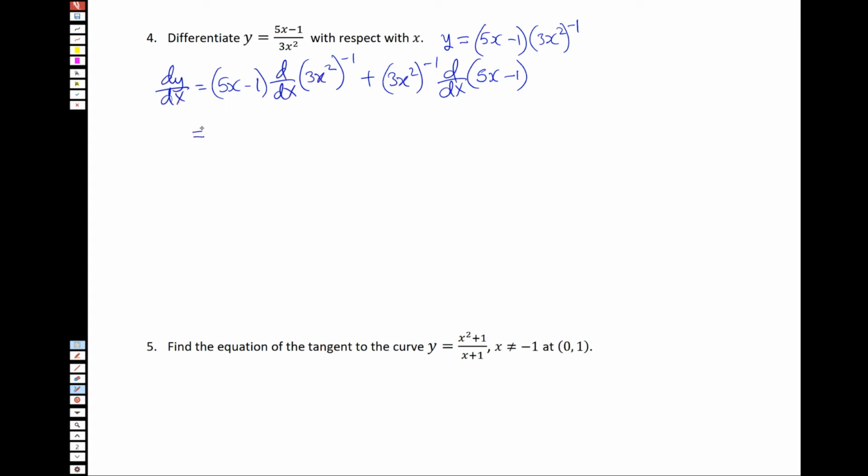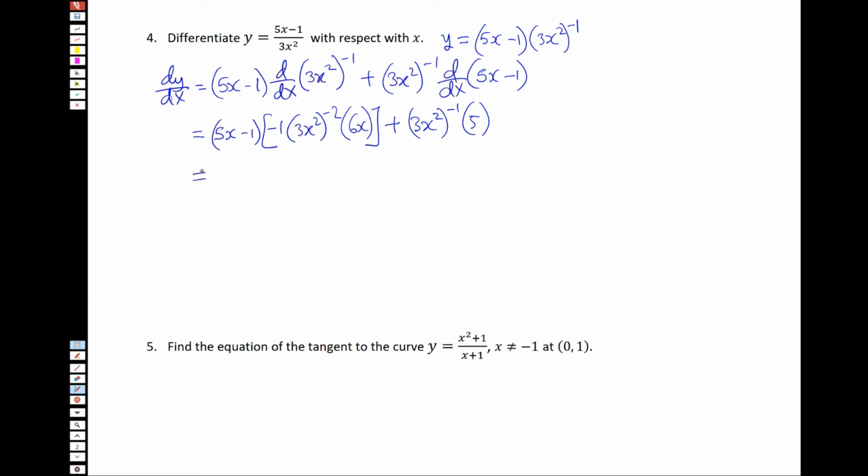And then here we have 5x minus 1 multiplied by, outside, 3x squared to the power negative 2. Inside will be 6x by chain rule. And then here you have just the same expression multiplied by 5, because the derivative of 5x minus 1 is just 5.